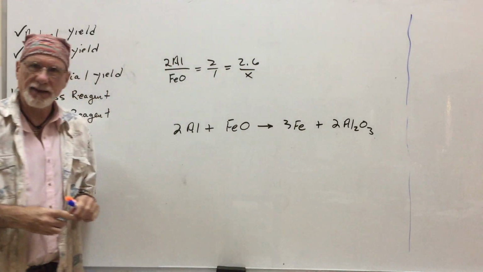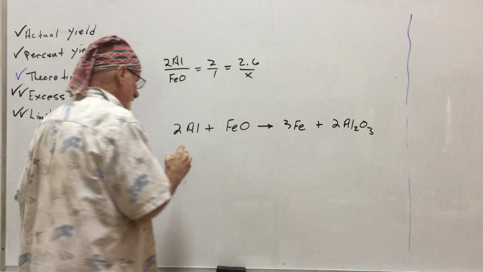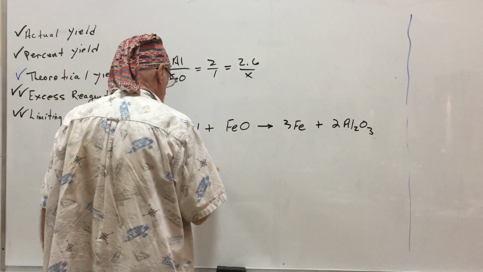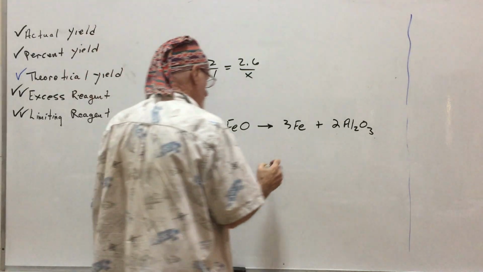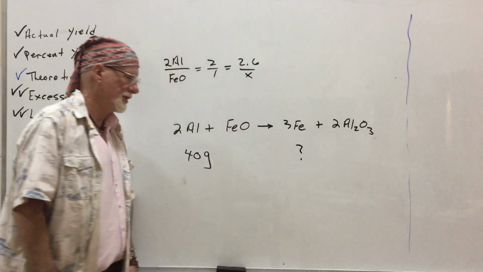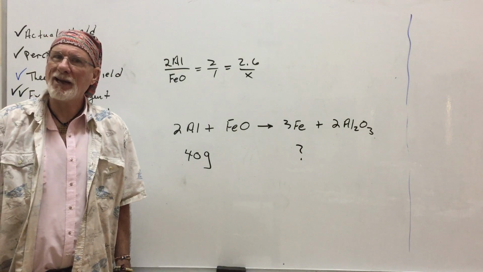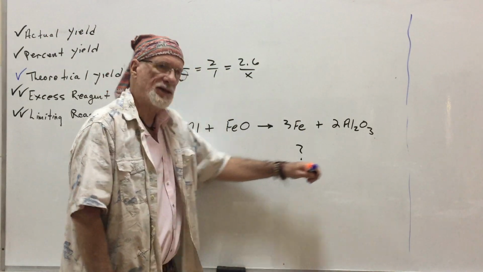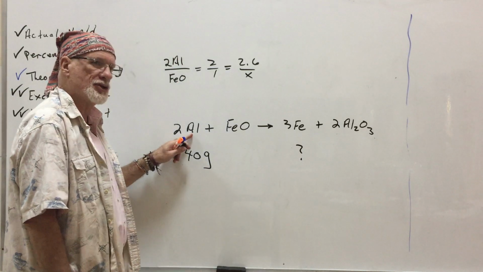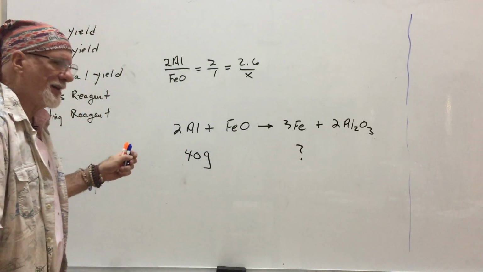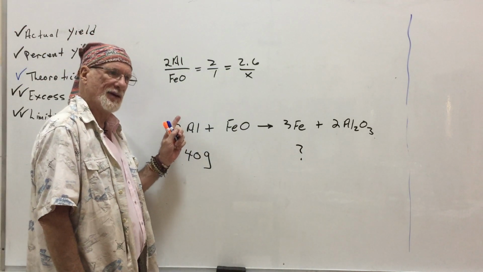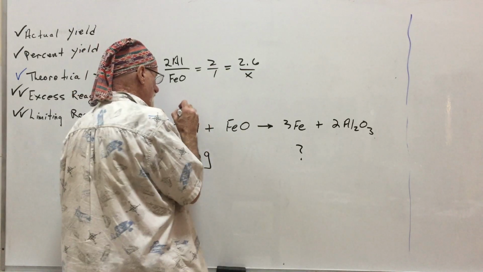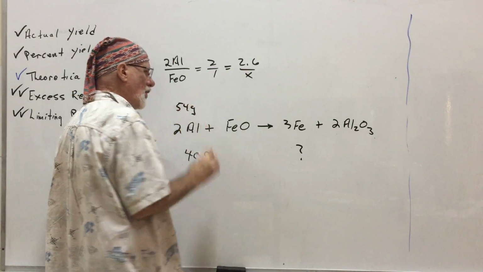Okay, so let's say I get 40 grams of this. How much of this am I going to produce? So instead of writing the stoichiometric masses for the whole thing, I just want these two, correct? So what is 2 times 27? The atomic weight of aluminum is 27. 2 times 27 is 54, correct?